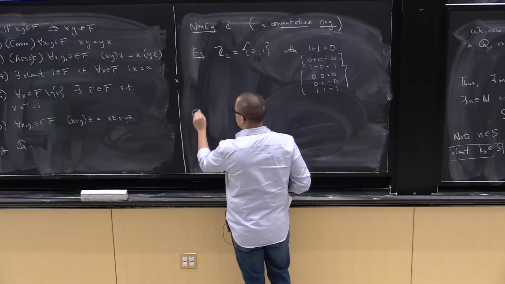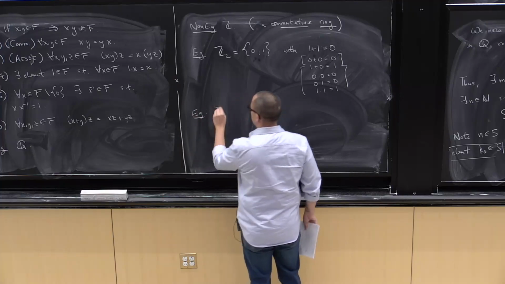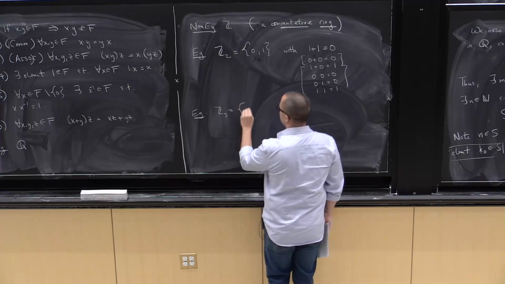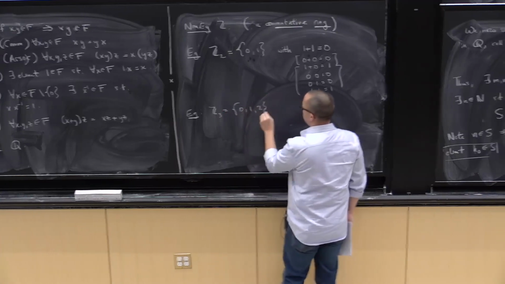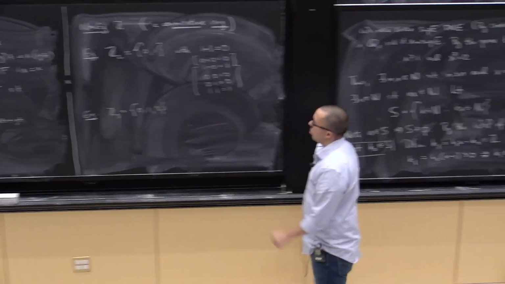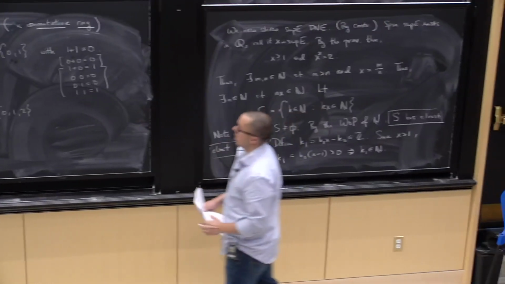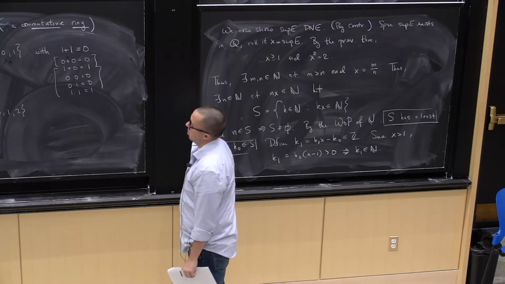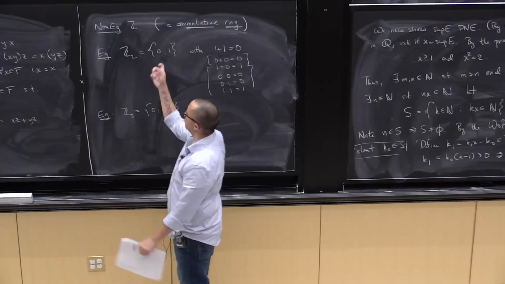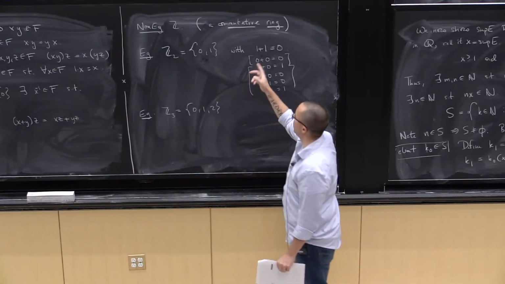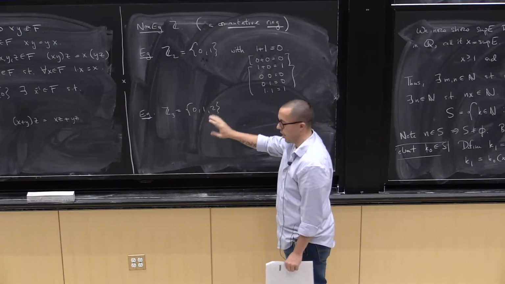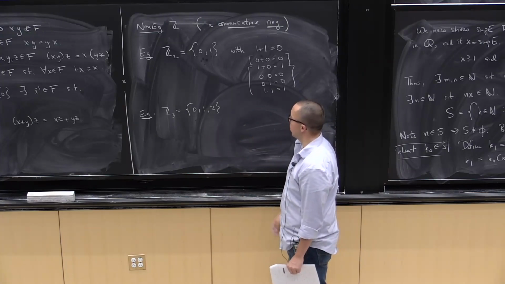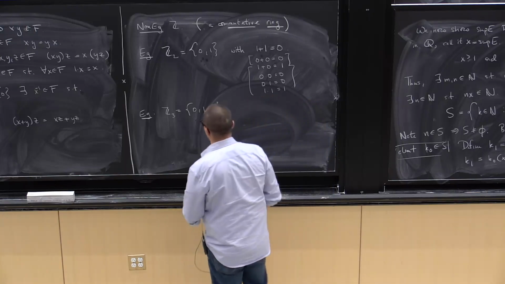A more non-trivial example would be, let's say, Z3. This is the set 0, 1, 2. Only now the arithmetic is done mod 3. Here it was mod 2, meaning if I want to add two elements, I add them, and then I take the remainder of that sum after dividing by 3.